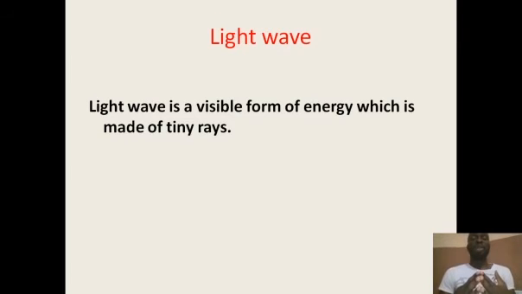I hope that is also taken. So remember the objective for this lesson. Take note to know if you are actually covering the objectives, if you are understanding this lesson the way you ought to. So we say that a light wave is a visible form of energy which is made up of tiny rays.